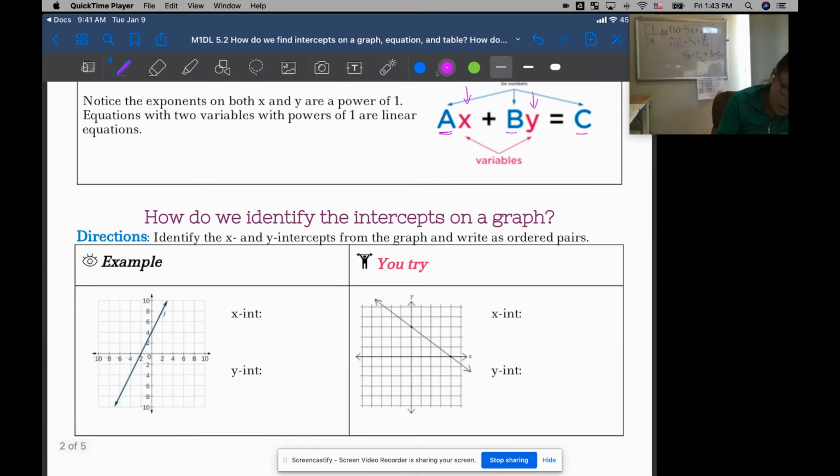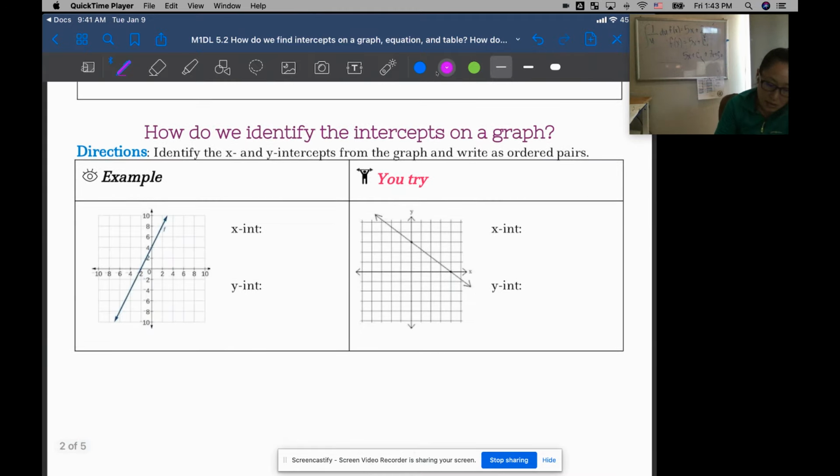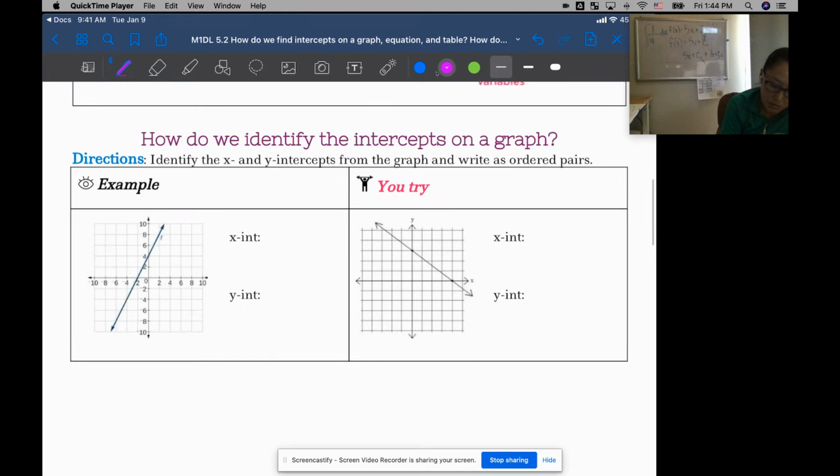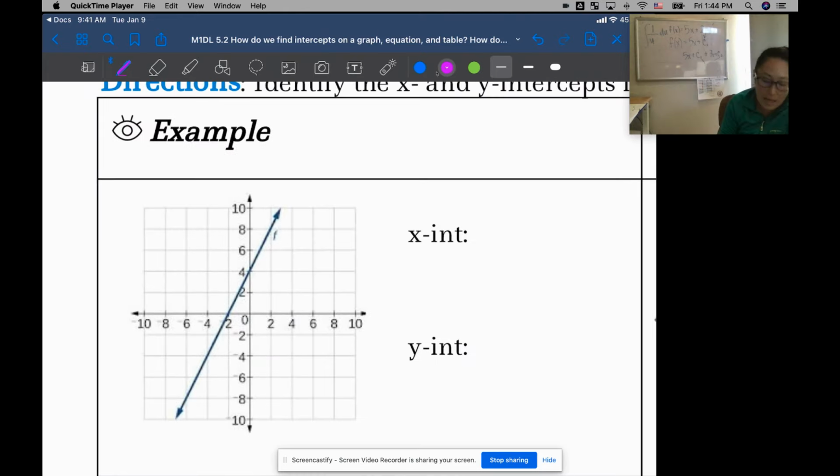All right, so to find the x- and y-intercepts on a graph, what we're going to do is just look at the graph, and I look for where the line crosses the x-axis. I see it crosses here at -2. Remember the y is always 0 in an x-intercept, so the x-intercept would be -2, 0.